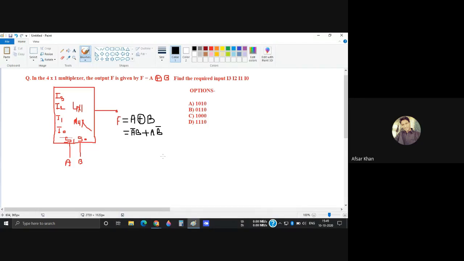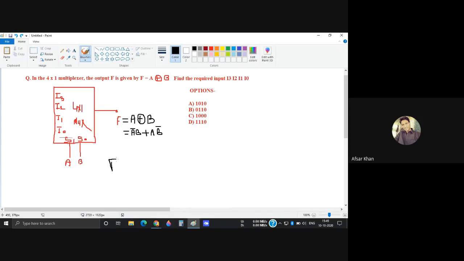Yes, this is the expression for the XOR function. Now, out of these options, we have to identify the correct values of I3, I2, I1, I0 so that the function is A XOR B.